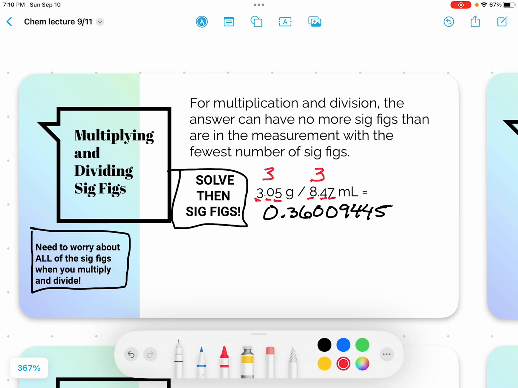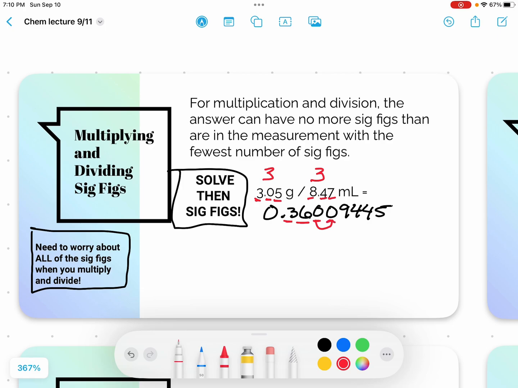Then I get back to my number. Well, I have to figure out, is this 0 in the beginning a sig fig? If you remember our rules from Friday, leading zeros are not significant, so this one is not a sig fig. But 3 is a sig fig, 6 is a sig fig. This 0 counts because it's sandwiched between two numbers, so there's 3 sig figs. I'm going to look behind, it's another 0.